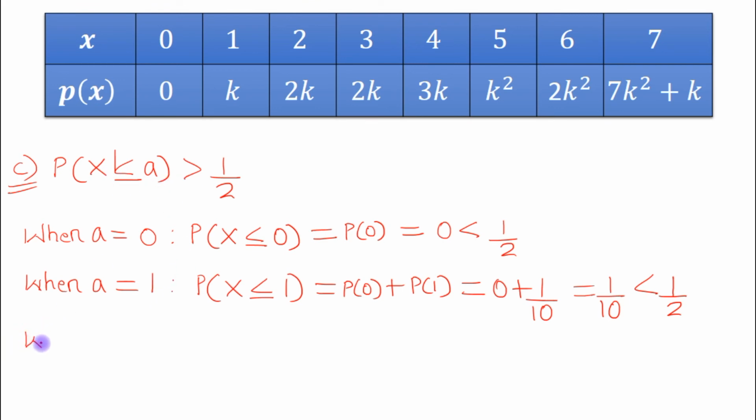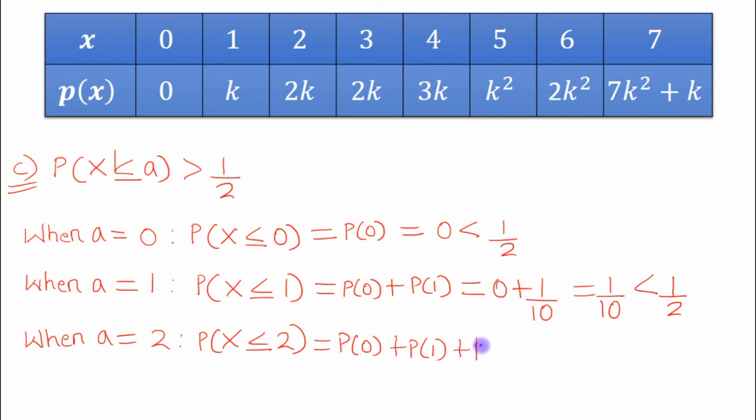Next we will take when a equals 2, that means p(x) less than or equal to 2, which is p0 plus p1 plus p2, which is equal to 0 plus 1 by 10 plus 2k, which is 2 by 10. 1 by 10 plus 2 by 10 equals 3 by 10. But again, this value is less than half. So this value 2 will also not satisfy this equation.